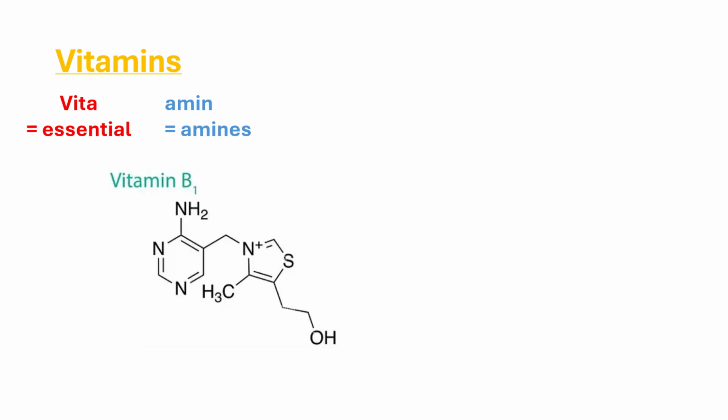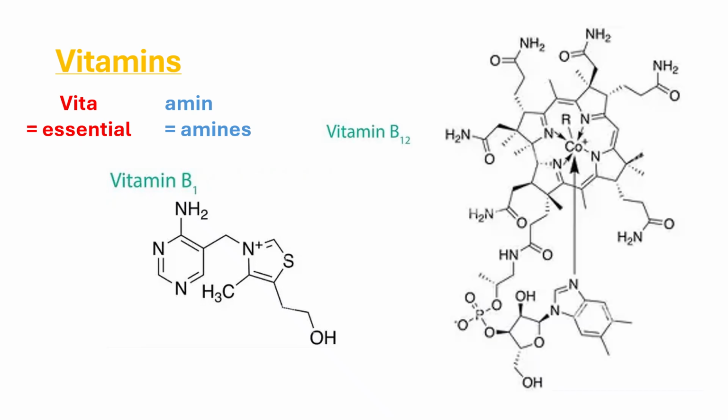Here, I'm going to show you some vitamin structures. This is vitamin B1. Vitamin B12 is more massive, so it looks like that. But you can see there are lots of nitrogen-containing groups, and the ones highlighted in yellow are amine groups. So in olden days, they thought all substances essential for the body would have amines in them.